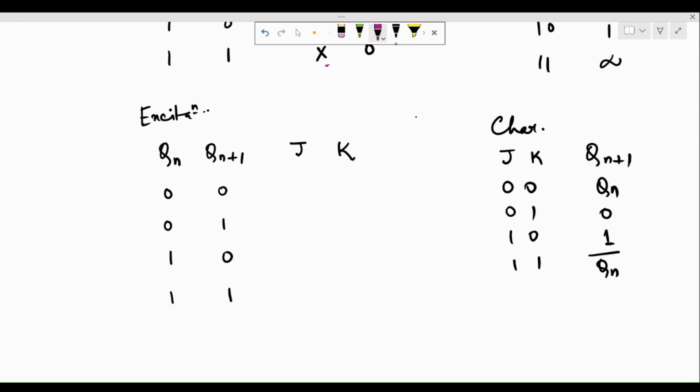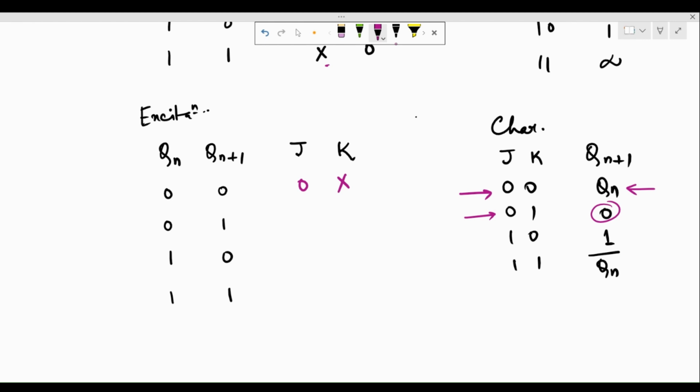One is if there is a no change scenario where Qn was 0, therefore Qn plus 1 is also 0, such that J and K are 0, 0. Or if K input is high, only then the next state will be 0. So, combining the two possibilities, we get 0, don't care as the inputs that should be exciting the flip flop.